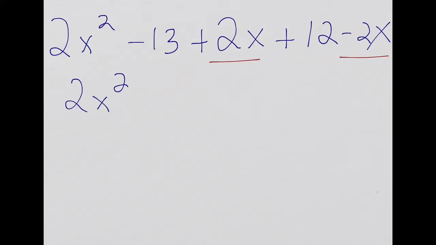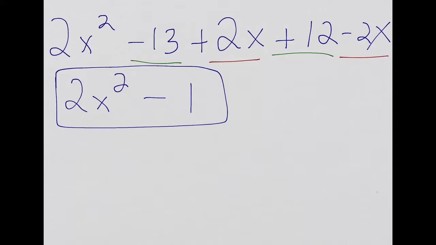Watch out for terms that cancel each other out. Next up are just the numbers, and I have a negative 13 and a positive 12. If you paid close attention to the signs, when you combine these, you end up with a negative 1. So combining like terms canceled out the x terms, and we could combine the numbers.